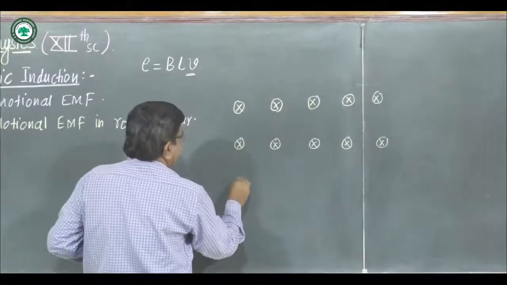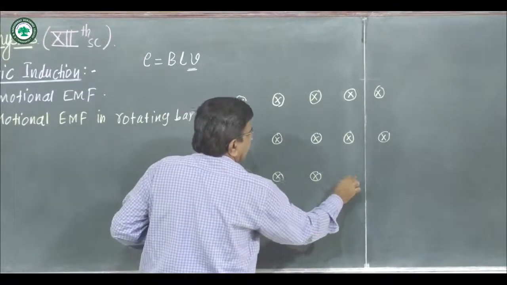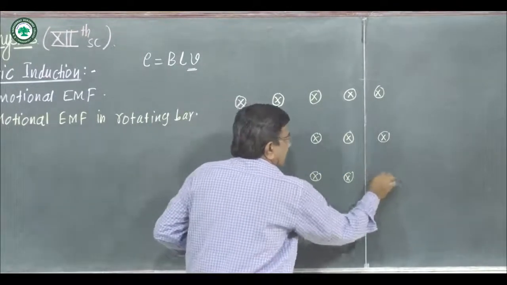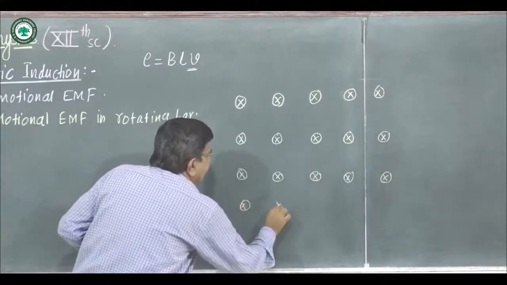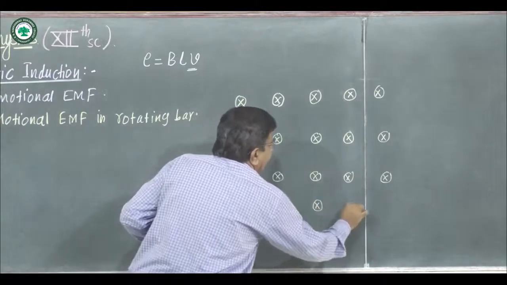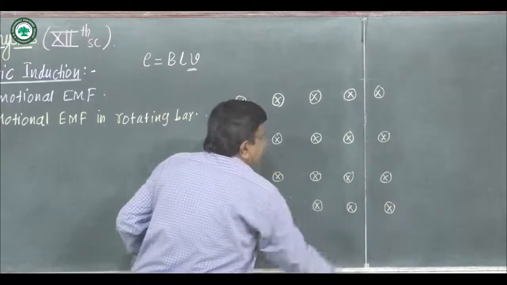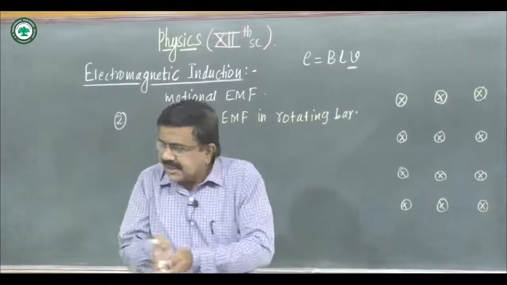If a dot is there, the field will be perpendicular but outward. This cross indicates magnetic field is perpendicular but inward.